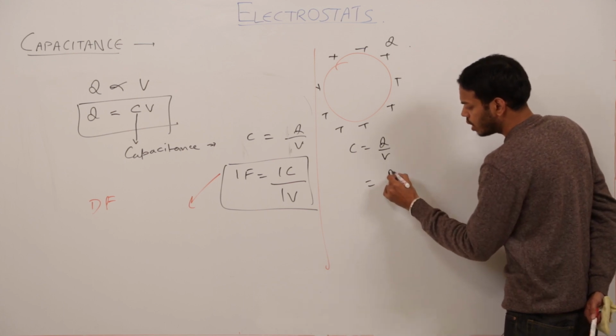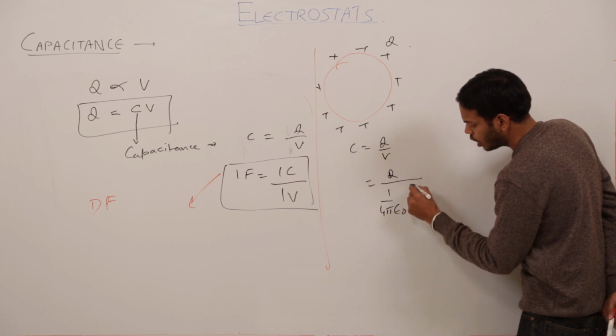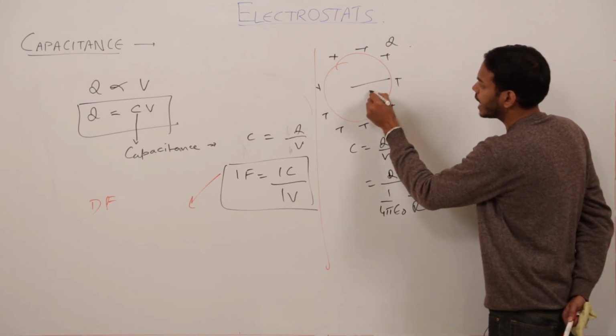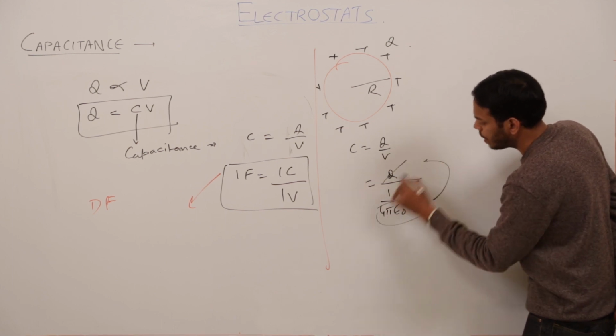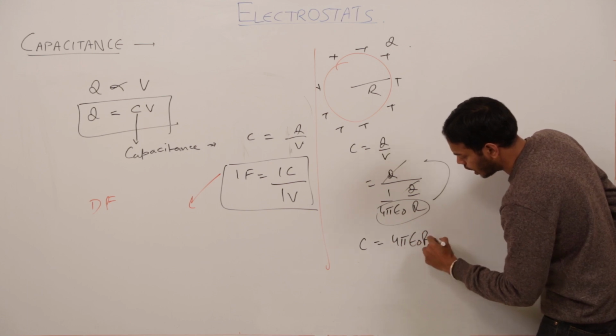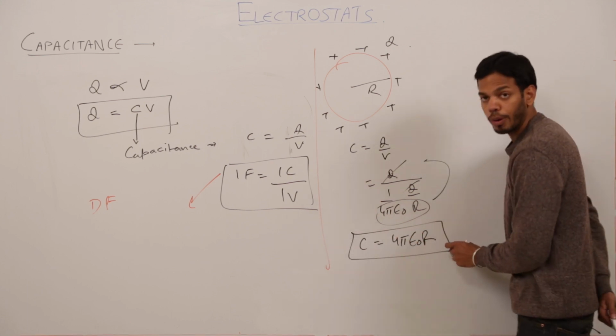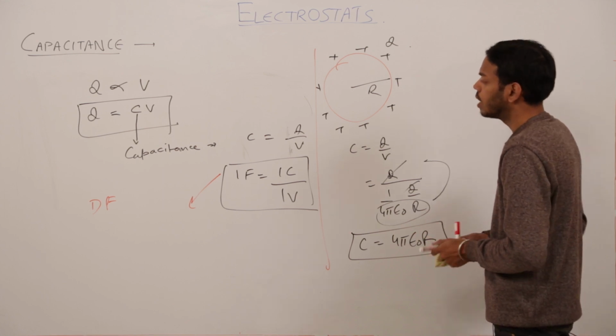Same formula: V would be equal to 1 upon 4 pi epsilon naught, Q upon R, if it has a radius R. The Q cancels out, and the value of C comes out to be 4 pi epsilon naught R. So this is the formula for capacitance of a spherical capacitor having radius R.